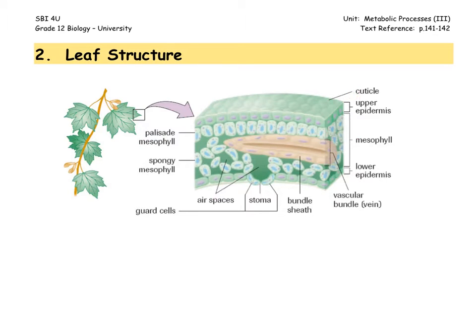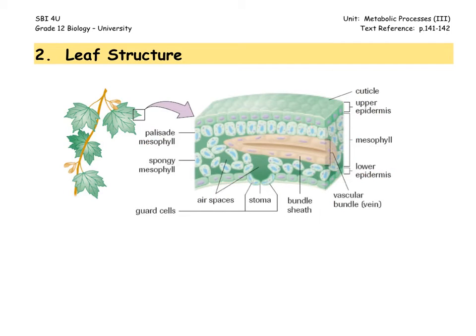Right underneath that, we're going to see the upper epidermis. The epidermis, regardless of whether we're talking about the upper epidermis or the lower epidermis, is just this transparent layer of cells just below the cuticle. And you might be saying, well, why would it be colorless? Isn't it a plant? Isn't it supposed to have some chlorophyll? Well, here we're not going to see a lot of chlorophyll.